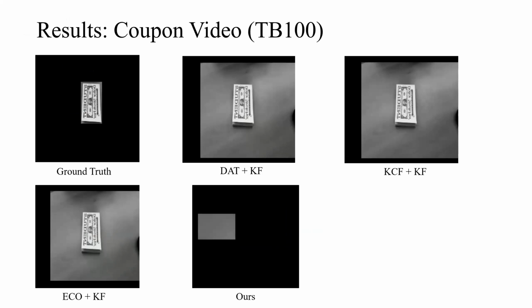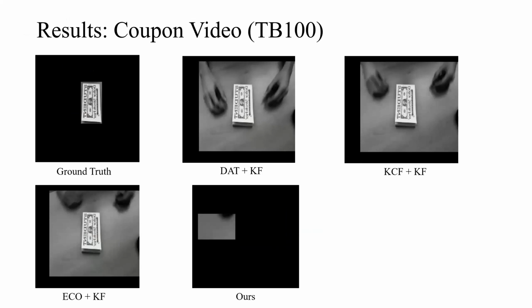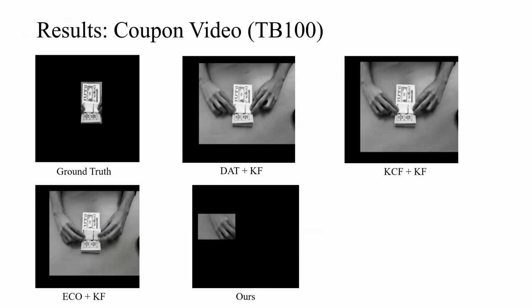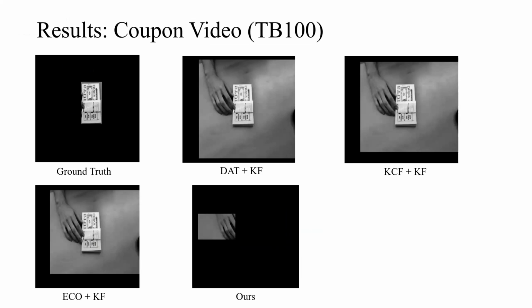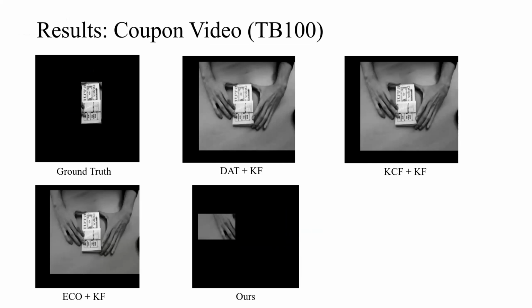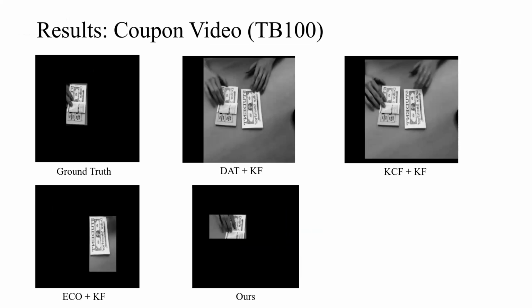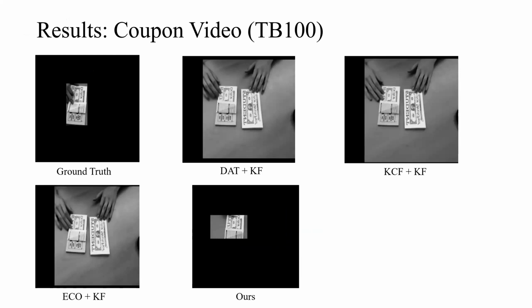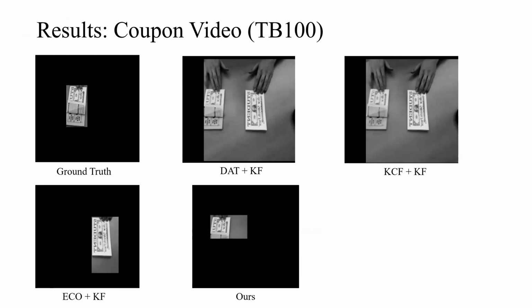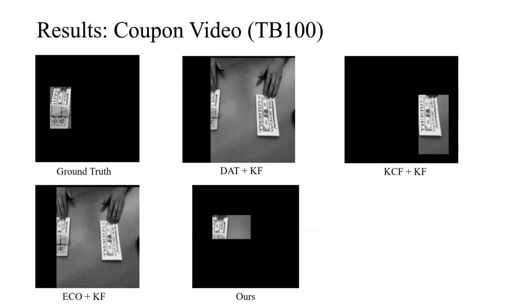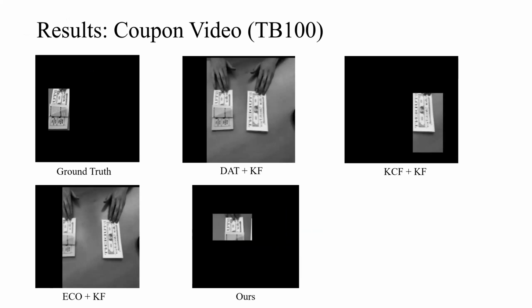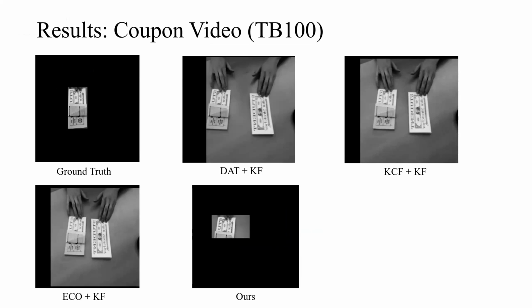For this next one, this is of a medium difficulty level. At the beginning, our method is unable to track the object of interest because it didn't really have a lot of motion to capture. So when the coupon finally arrives, when it finally detects motion in the coupon, that's when it's able to track it better than the other baselines.